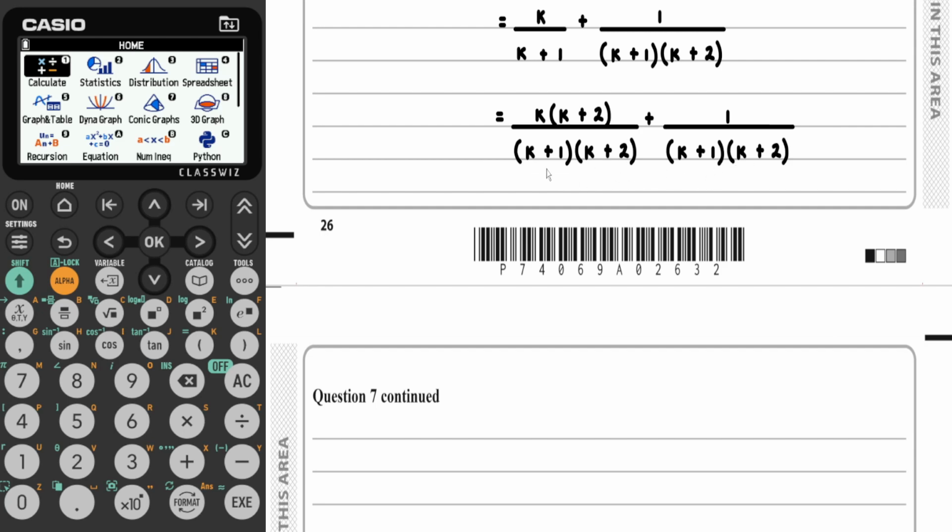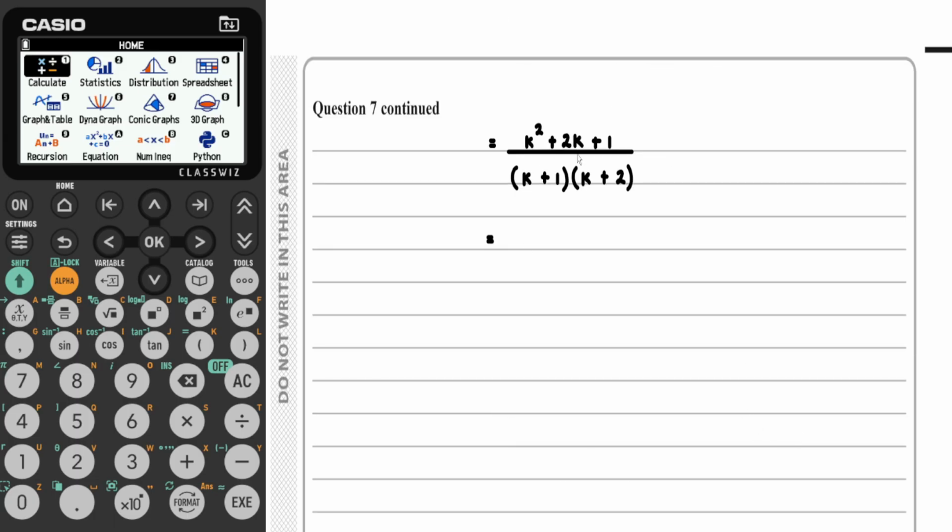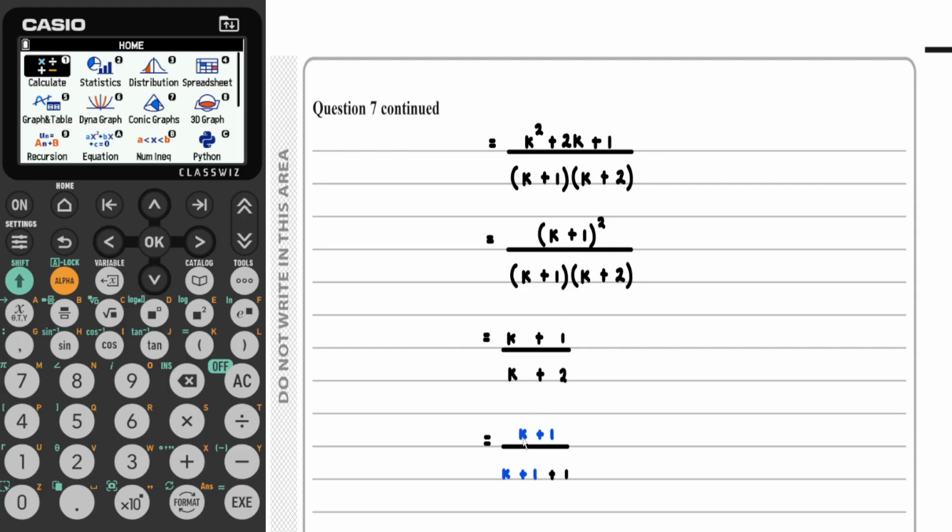We've got this common denominator of k plus 1 and k plus 2, so we can combine the numerators. So we've got k squared, that's k times k, plus 2k plus this 1. Now k squared plus 2k plus 1, that's just k plus 1 squared, and we divide this by k plus 1 times k plus 2. So we end up with k plus 1 over k plus 2. So on the top we've got k plus 1, and on the bottom we've got k plus 1 plus 1, which is k plus 2. And that's what we wanted to show.